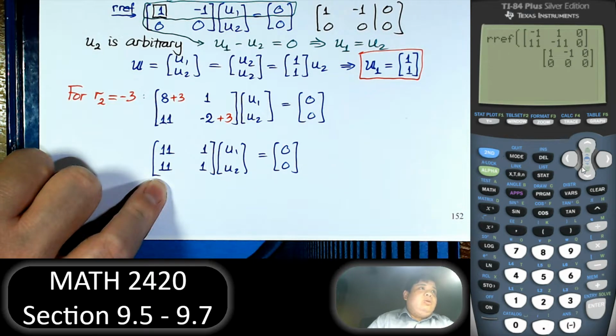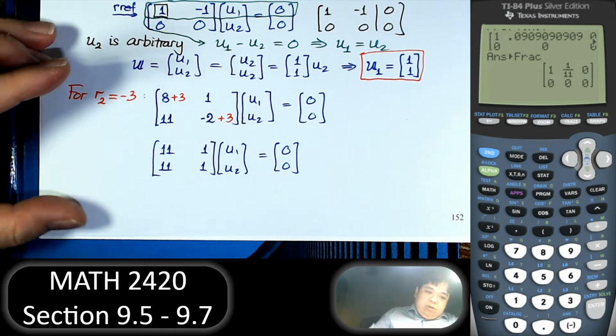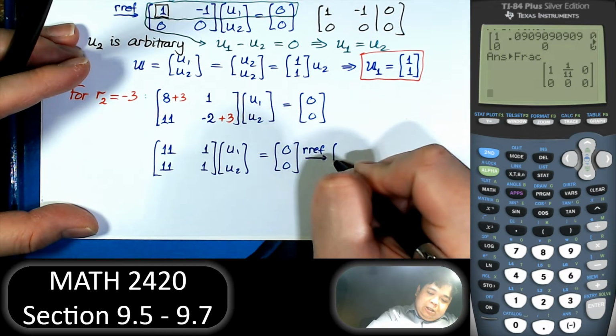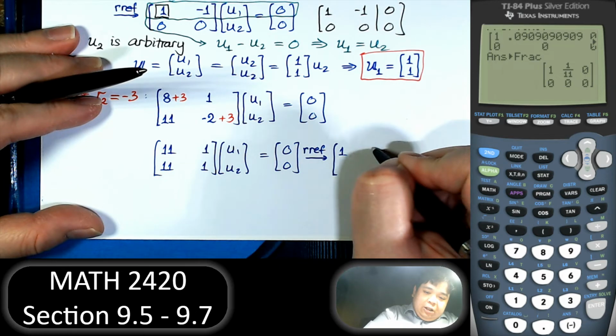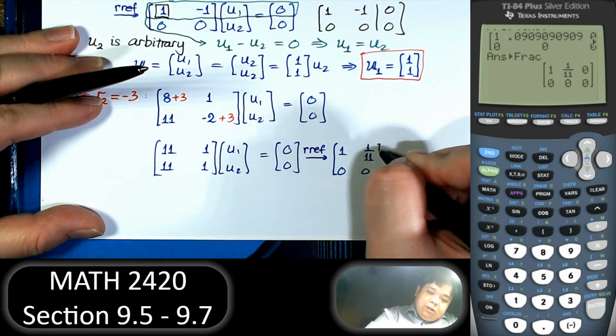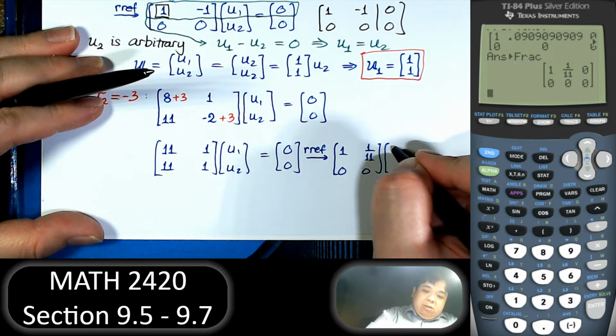So apply reduced row echelon form to matrix A. We have 1 over 11, 0, 0, and we should have 0, 0 at the bottom.